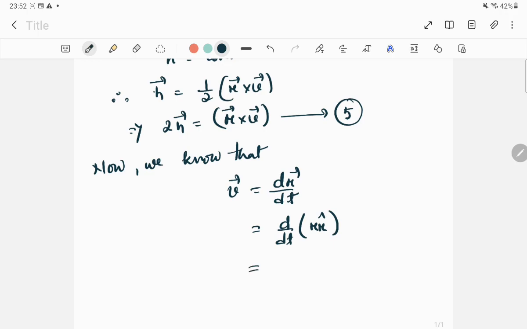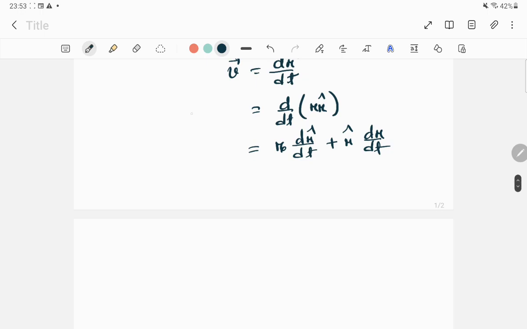Now if I want to remove the bracket and differentiate, I will do differentiation by parts. First I consider r as constant, and it will be r dr cap dt. Then r cap is constant, and it will be dr dt. So this is what we had for v vector.